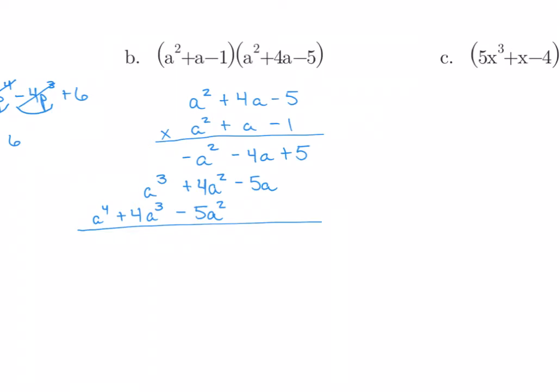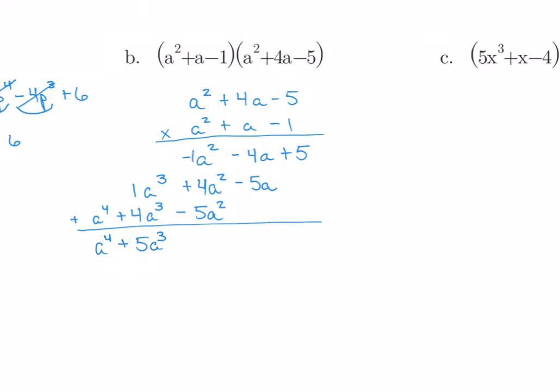And then now, just like when we multiply 2 and 3 digit numbers, we want to add all of these together. Now, as we are not going to have to do any carrying because we're combining variables, it doesn't matter whether you start on the left or the right. So for instance, here we have a to the 4th. We have 1 plus 4 is 5, a cubed.